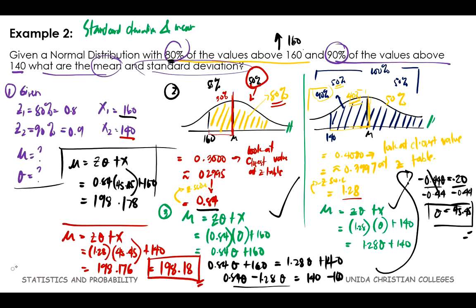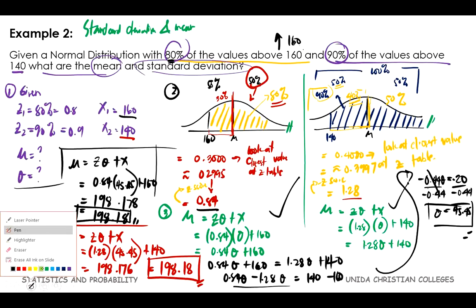So, kanina, balik lang din tayo. Round off lang din natin to 198.18. So, ito yung ating standard deviation. So, nakikita nyo, same lang din naman po sila. So, therefore, our conclusion, huwag kakalimutan. So, last step. Okay. Last step.